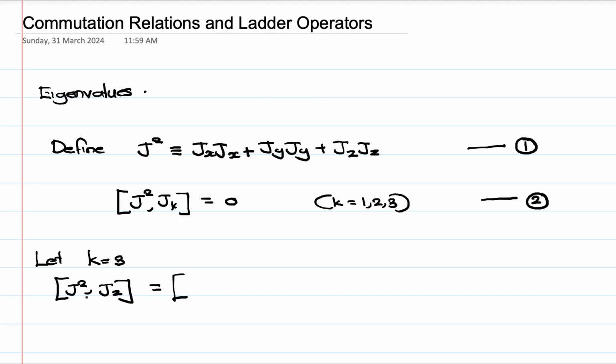Here, instead of j square, I am substituting the expression for j square from equation number 1. That is the commutator of jx square plus jy square plus jz square, comma jz.